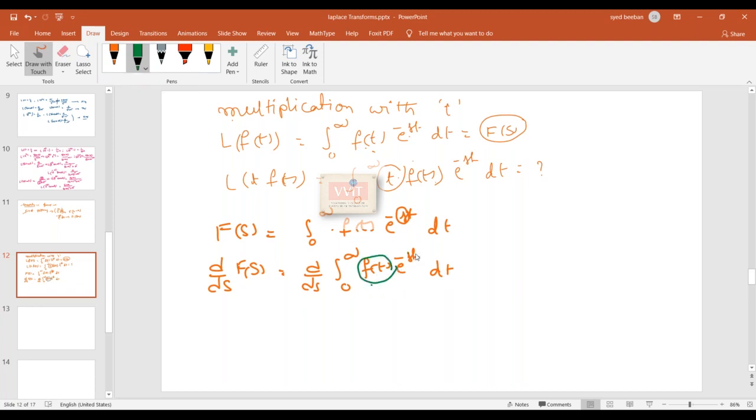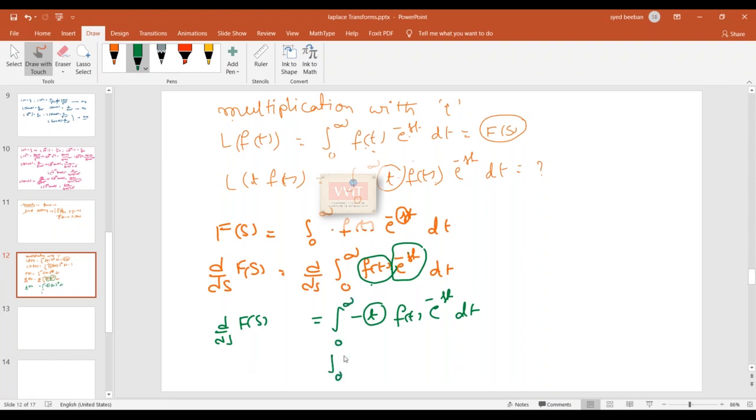So only this function will be differentiated. Differentiation of e power is e power itself, but the coefficient of s is minus t. So minus t times f of t e power minus st dt, which is equals to d by ds of f of s. Guys, my intention is I need to get t here under any circumstance. That's why I used this logic. So integral 0 to infinity.